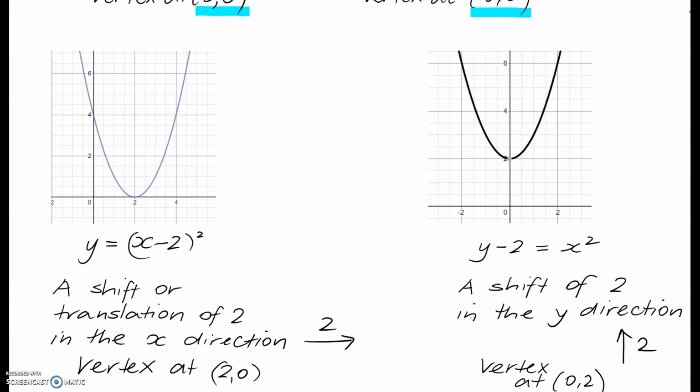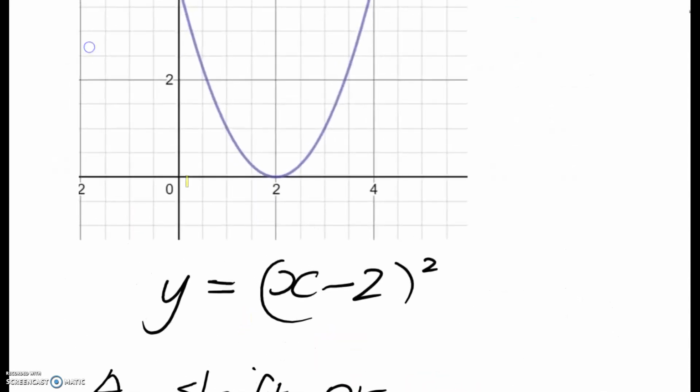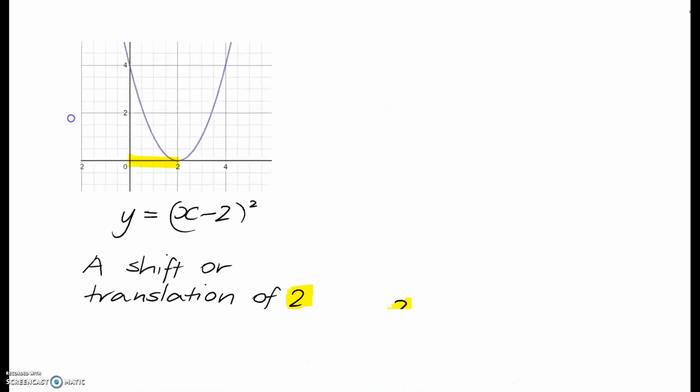It's been pushed or translated or shifted. So that's why I've said down here a shift or a translation of 2. So it's gone and been pushed 2. Let's have a look at that here. Zooming up for a minute. See, the vertex used to be there. Guess what? It's over there now. So it got pushed by 2 in the x direction.